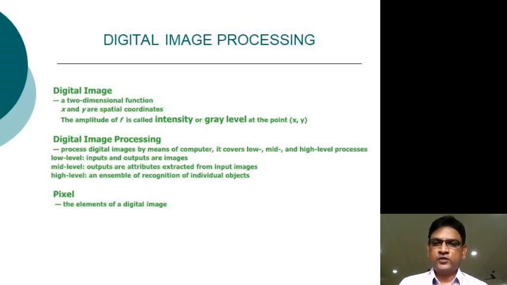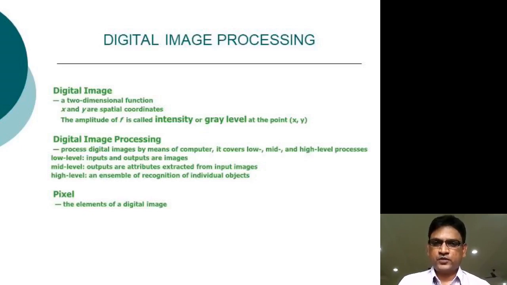And if all these variables f, x, y are all discrete in nature, then we can call it a digital image. Now, processing this digital image using a digital computer is what is called digital image processing.